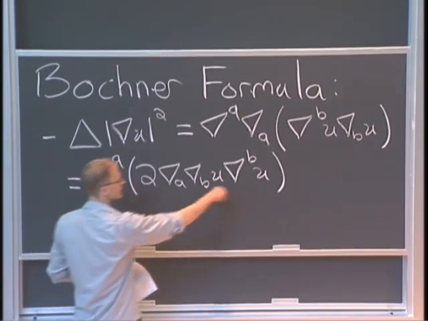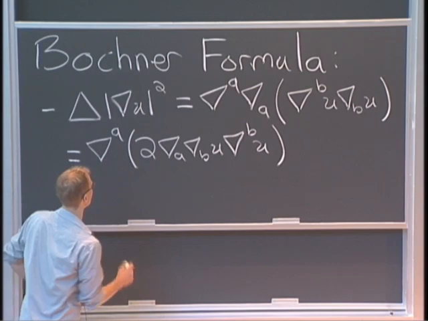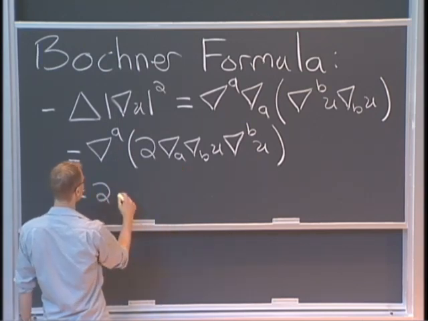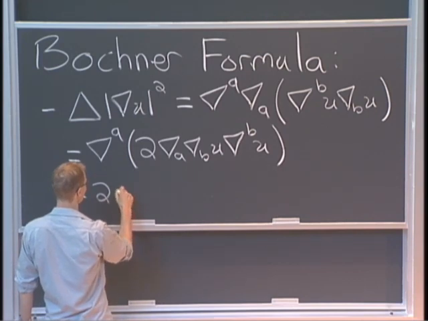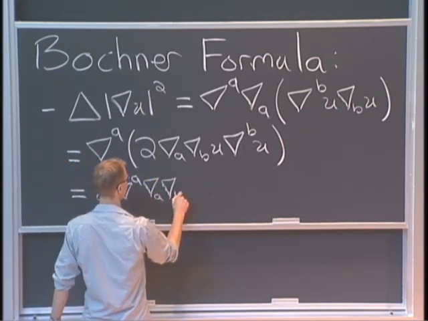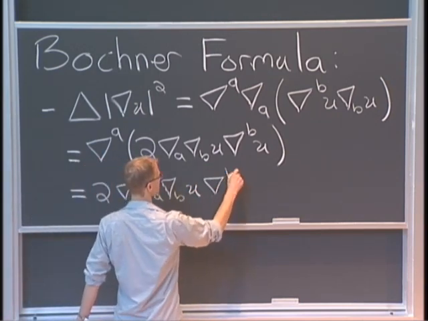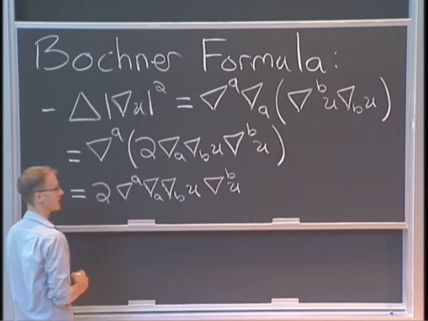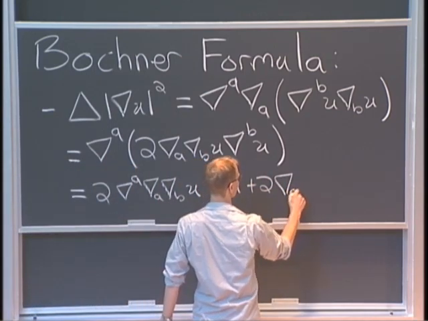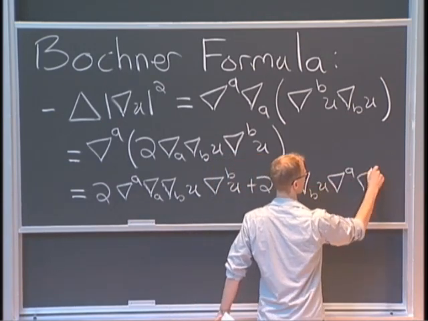And now we have this d_A come in here. What do we get? We get 2 d_A d_A d_B u times d_B u, and if we hit the second term, we get plus 2 d_A d_B u d_A d_B u.